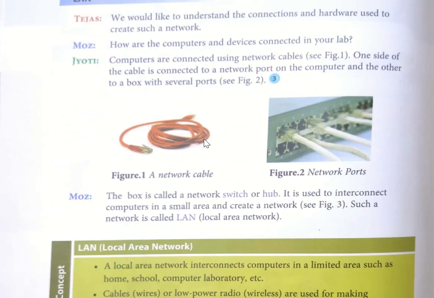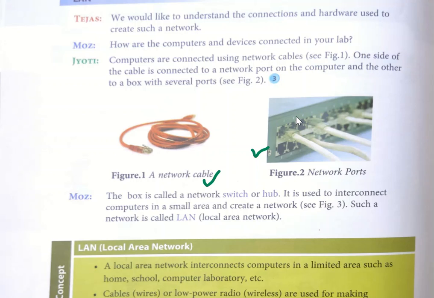To connect the computers with each other, what do we require? We require a network cable as well as a connecting device. This cable has two ports. One port is connected to the system and the other port is connected to the connecting device.